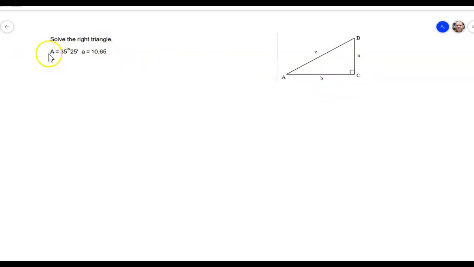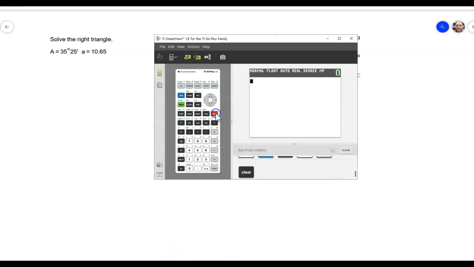Well, the first thing I'd want to do is convert this 35 degrees and 25 minutes into decimal form. The way that I do that is I remember 25 minutes is the same thing as 25 over 60 degrees. So I'm going to say 35 degrees plus 25 divided by 60.